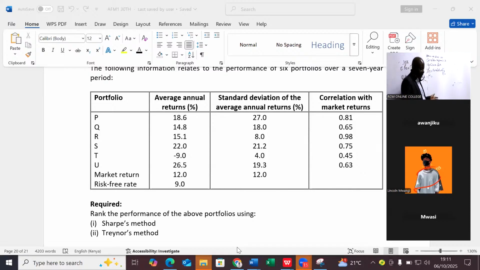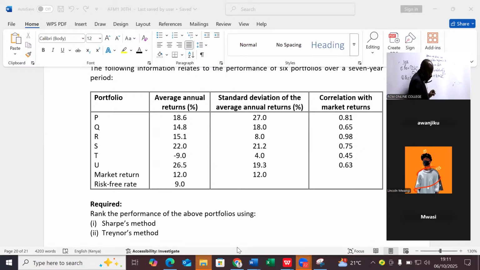You are here legally. So the correlation of P is 0.81. Are you able to see the standard deviation of security P? 27, isn't it? So is there somebody who is able to see the standard deviation of the market? It's given down there, 12, right?